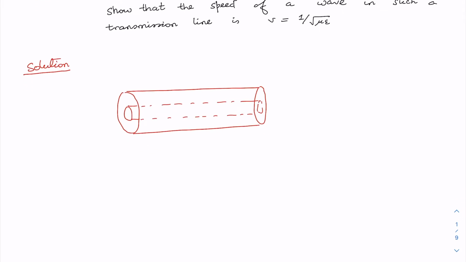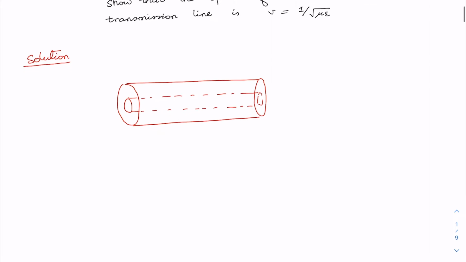This coaxial cable has a circuit representation, in which it is represented by a resistance R in series with this inductor L, and then we have this conductance. In the class we have taken a very simplified model of the transmission line, but if I go about it rigorously, then that's how we'll do it.